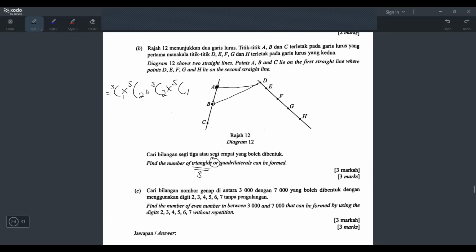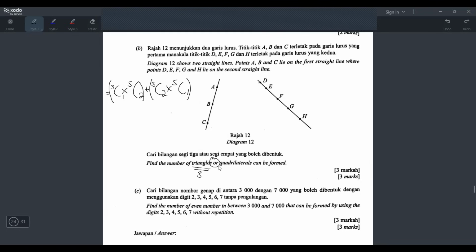But in the middle here you have to write plus, because it's another option: this option or this option. That's why you have to plus. But in between, you have to times.